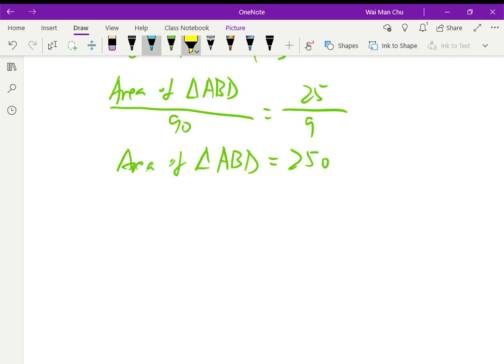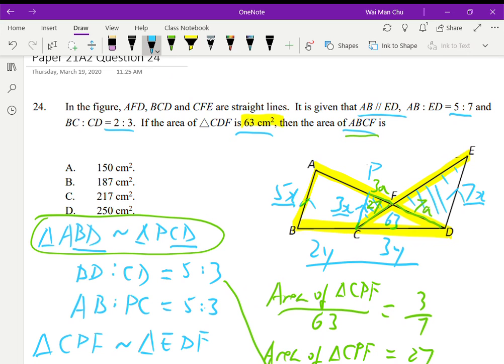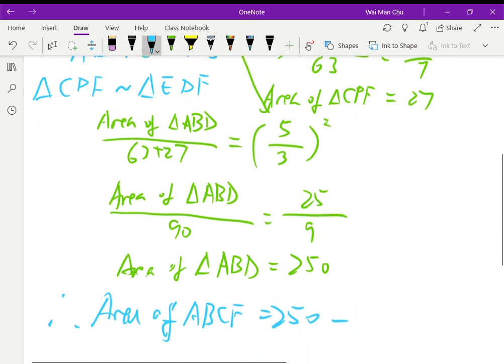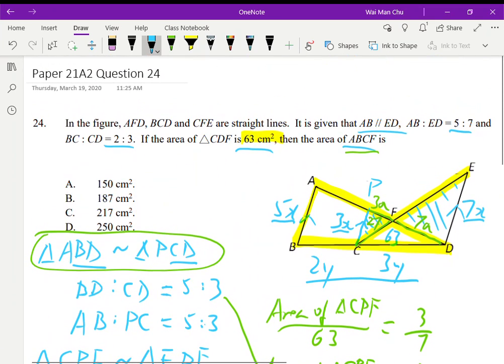Therefore, area of ABCF should be 250 subtracted by 63 cm square. So by then you will have 187 cm square as your final answer. So the answer should be B.